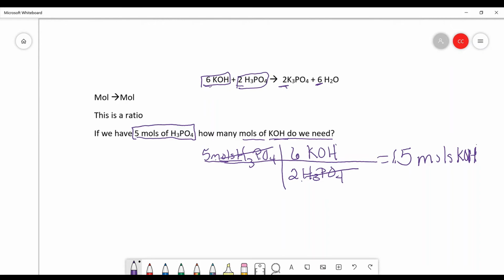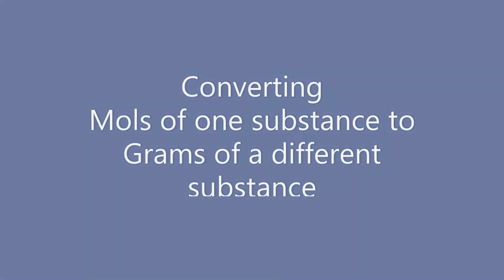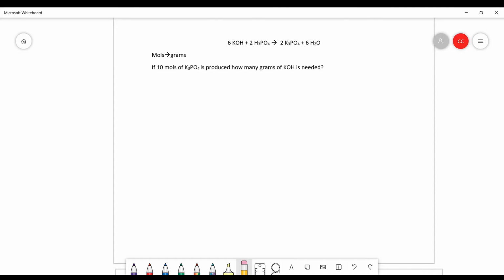Okay, so the next part. Now if we know how many moles we have, we need to be able to convert it to grams. In this case, the question is giving us 10 moles of K3PO4, and it's asking how many grams of KOH are needed.